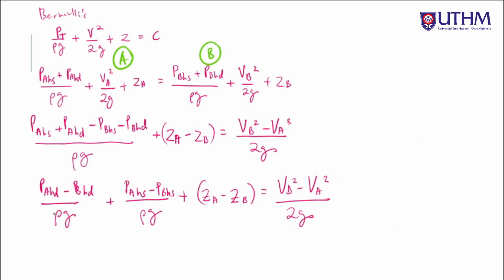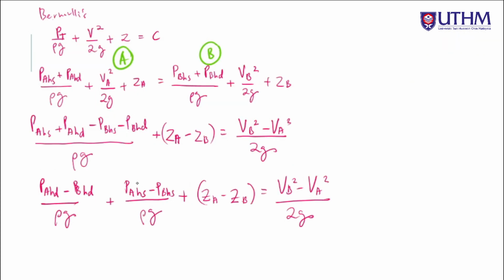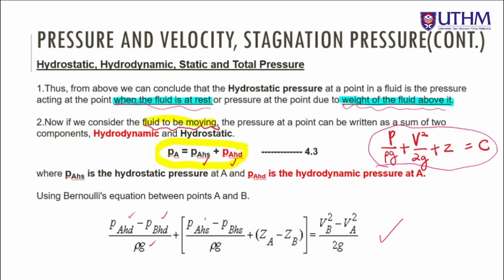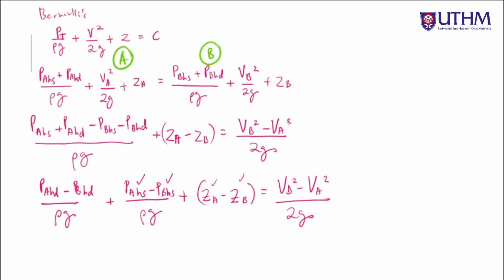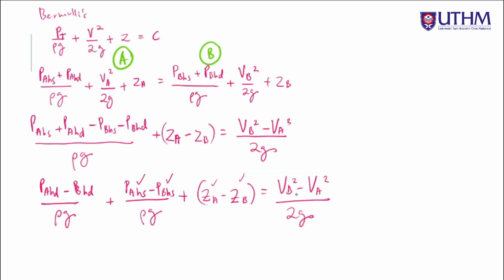So kita ada hydrodynamic at point A minus hydrodynamic at point B. Okay, lepas tu kita ada hydrostatic at point A minus hydrostatic at point B. Okay, this one. Lepas tu kita ada ZA minus ZB. Okay, and then kita ada VB squared minus VA squared.